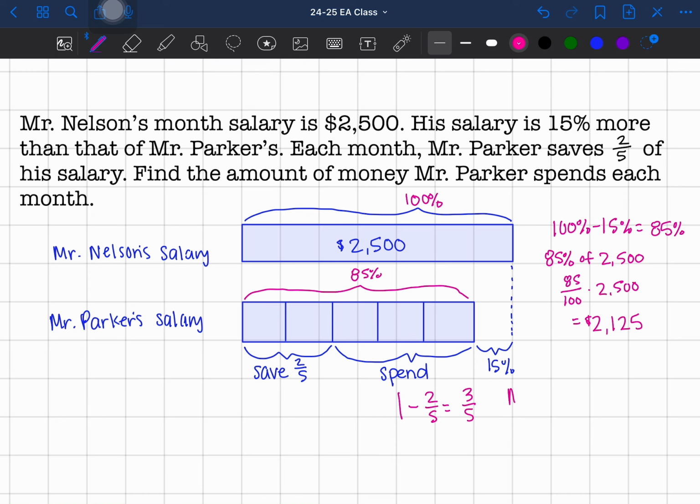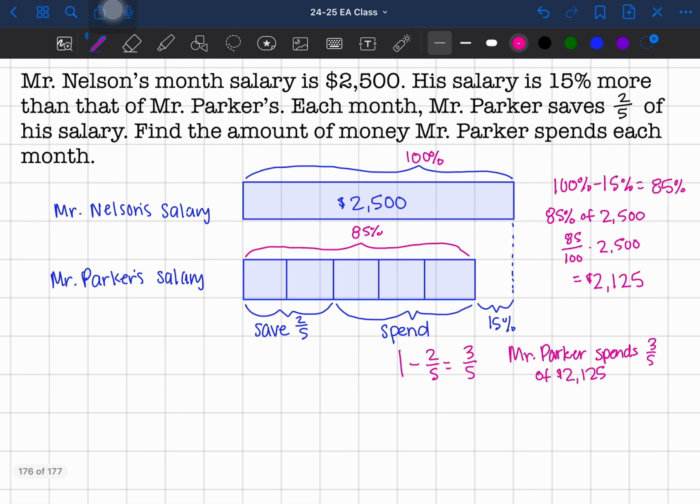So Mr. Parker spends 3/5 of $2,125. How much is that?